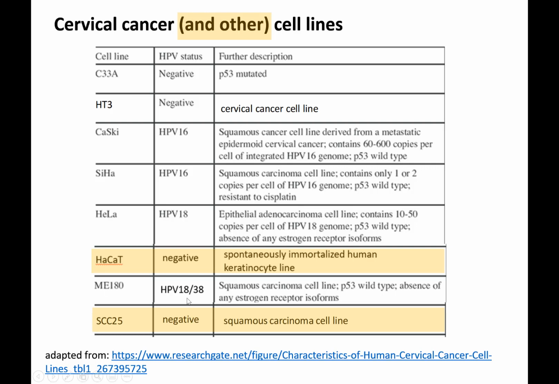Some cervical ones are positive for HPV, so they've been transformed, so they have an integrated HPV genome, so they're going to naturally express E6 and E7. The negative cell lines do not express any HPV genes because they've not been transformed with those.